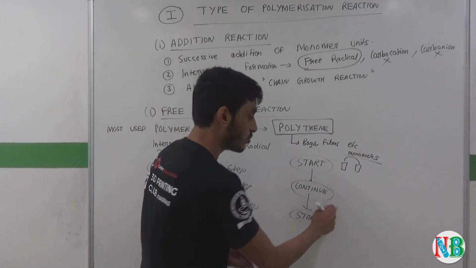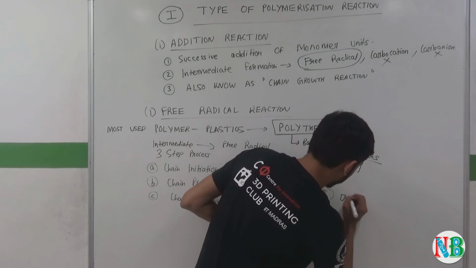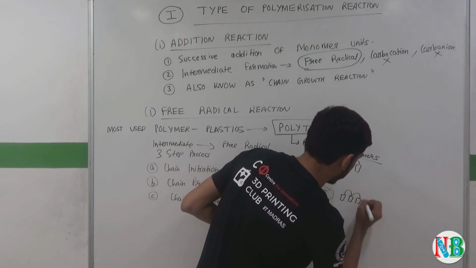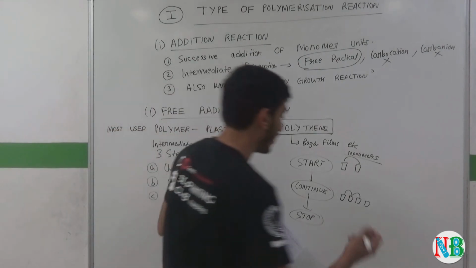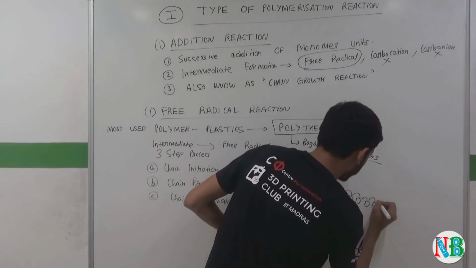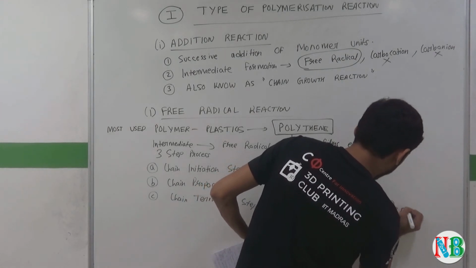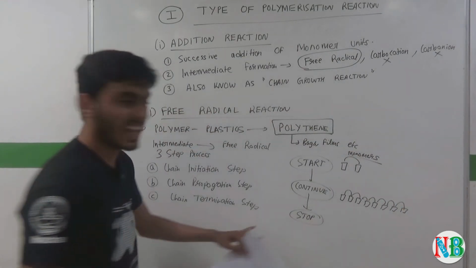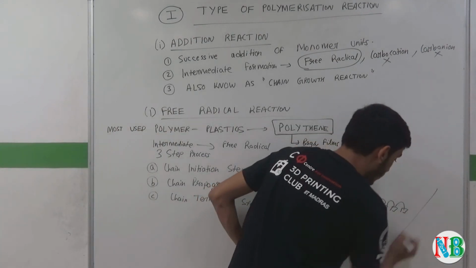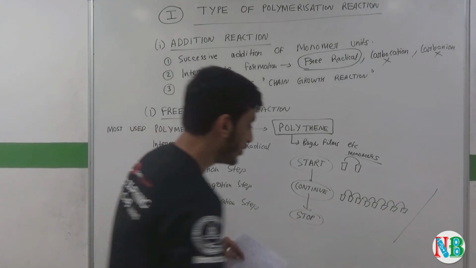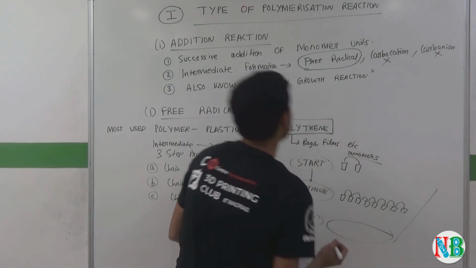In the next step you add them one after the other, like from 2 to 3, then 4, then 5, then 6, then 100. And in the end finally you have to stop the reaction so that you have a fixed compound.